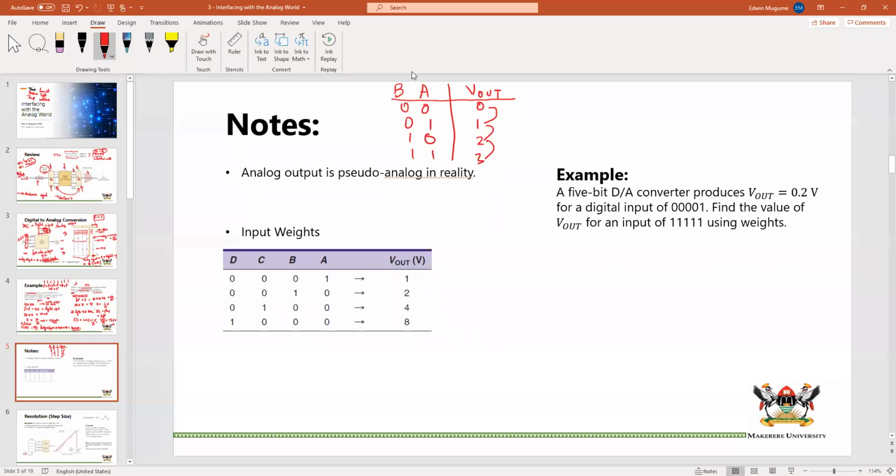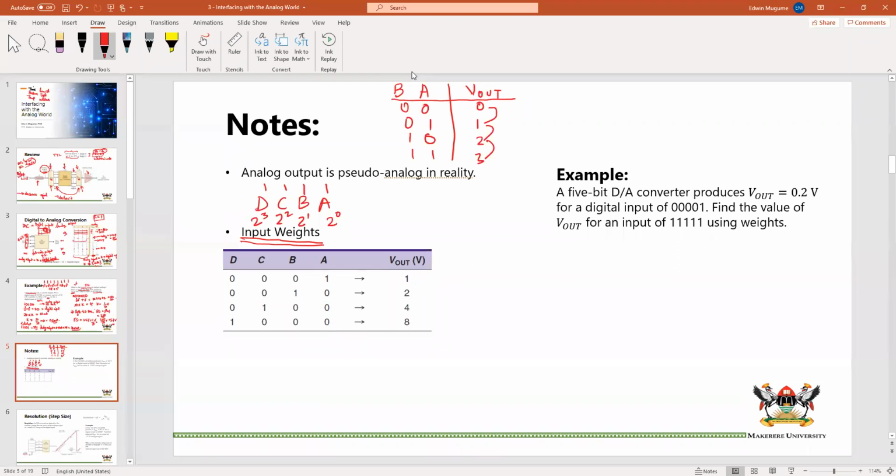Another thing that I want us to look at is input weights. As you can see, D, C, B, and A contribute to the analog signal. However, each of them contributes a different value. So if we had 1, 1, 1, 1, this one will contribute 2 to power 0, this contributes 2 to power 1, this one contributes 2 to power 2, and that contributes 2 to power 3.